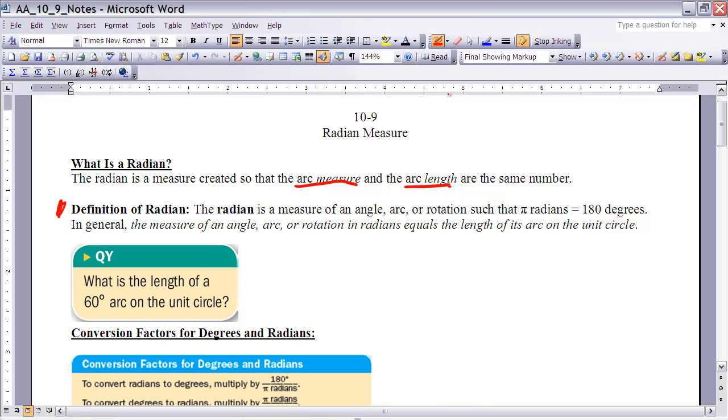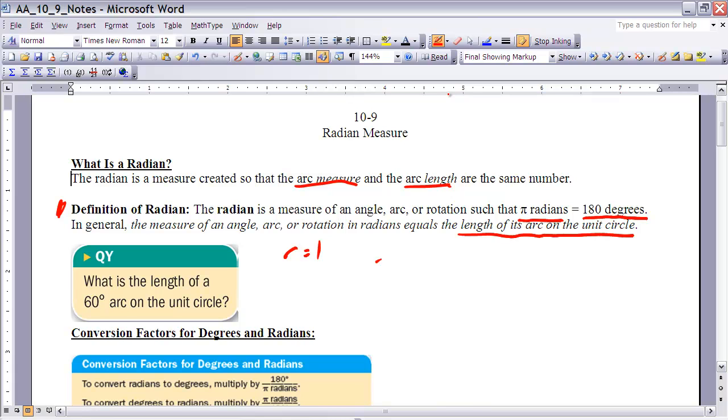The definition of a radian is the measure of an angle, arc, or rotation such that pi radians is 180 degrees. In general, the measure of an angle, arc, or rotation in radians equals the length of its arc on a unit circle. So everything is based off of the fact that the unit circle has a radius of 1.